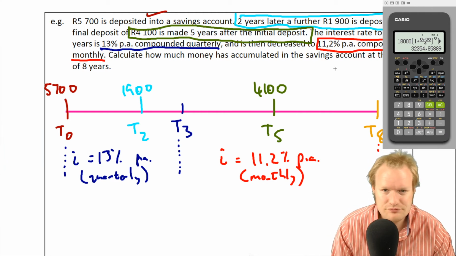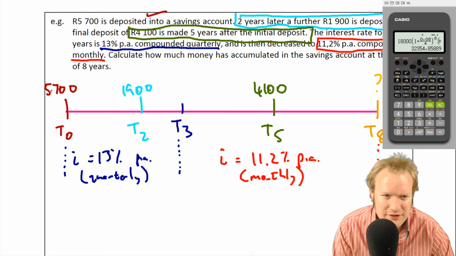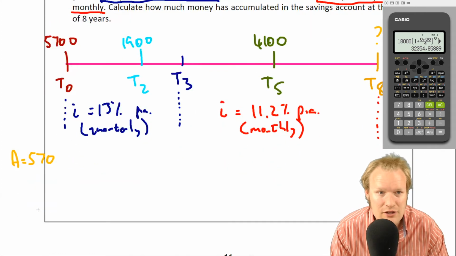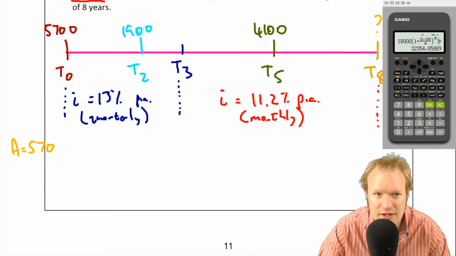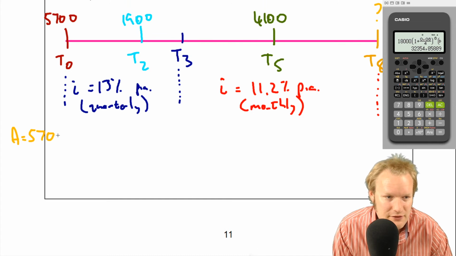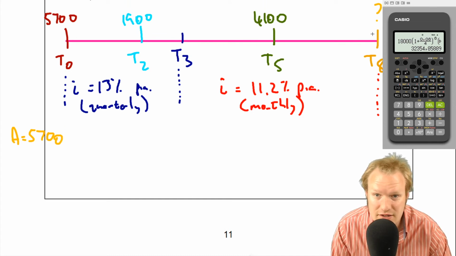We've got how much money do we have at the end? So this 5,700 Rand. I'm going to scroll up because we don't need any of the text. We've got everything in our timeline. 5,700. We're investing for 8 years, but the interest rate changes.